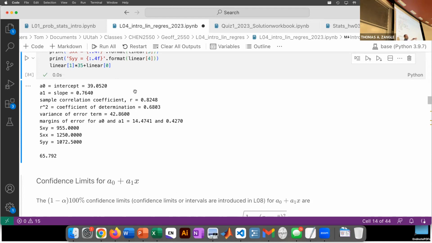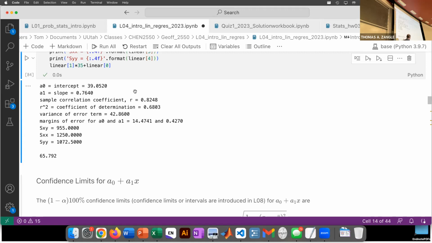But how close do we expect the value to really be to that number? Do we expect to see 65.8 plus or minus 0.2%, or plus or minus 10%? What's the range of values that we would expect to see within a given experiment?